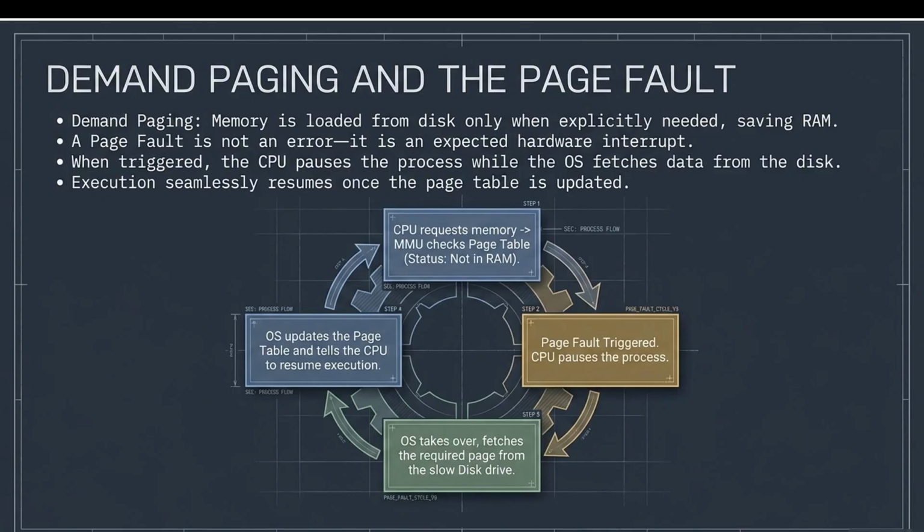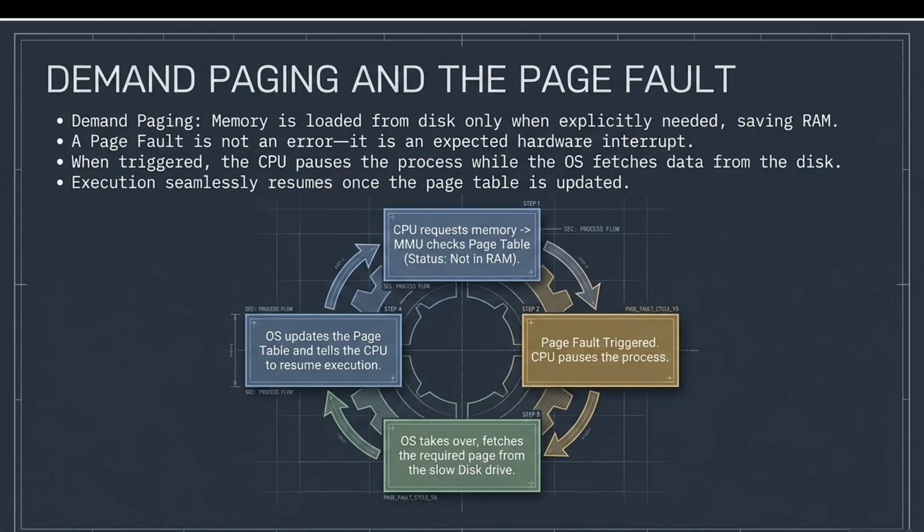Then swapping occurs, where the least used data will be sent off from the memory, and the memory required by the process is fetched into the RAM. This is an interrupt which happens so that the process is stopped and the necessary data is fetched by the OS. Execution seamlessly resumes only once the page table is updated.